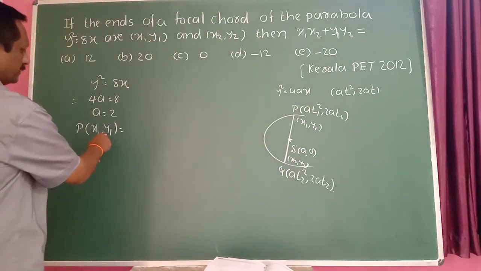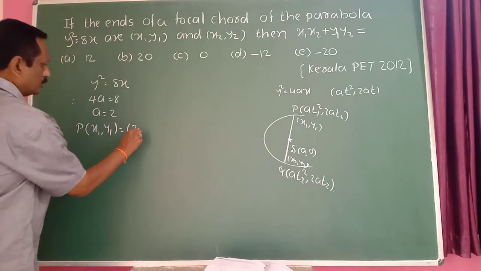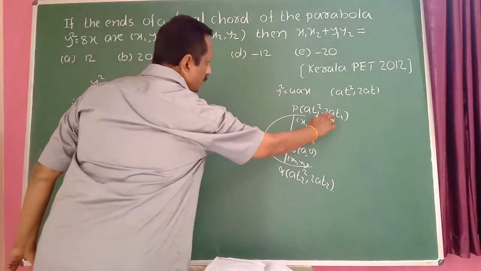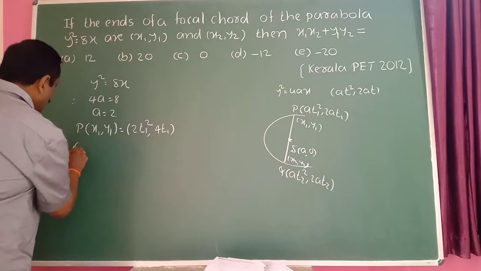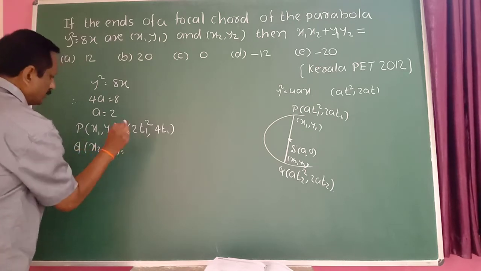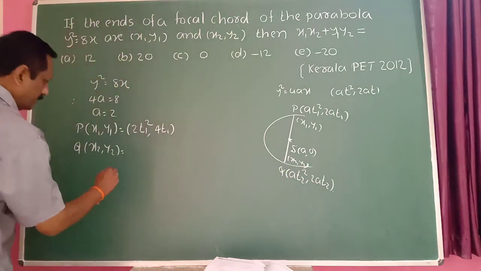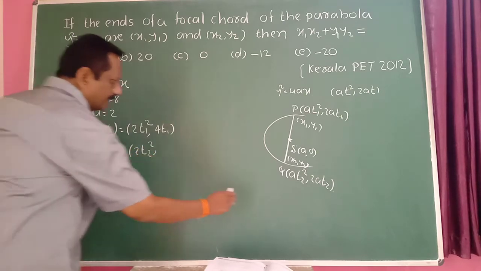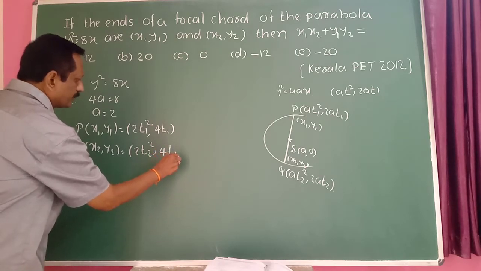Hence (x1, y1) is (2 t1 squared, 4 t1), since the value of a is 2, and the coordinates of the point Q (x2, y2) are (2 t2 squared, 4 t2).